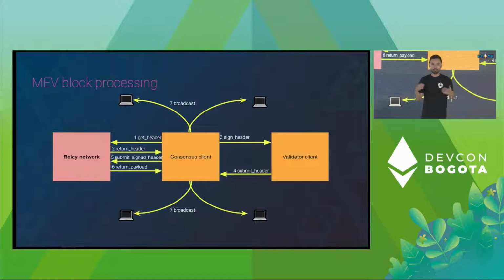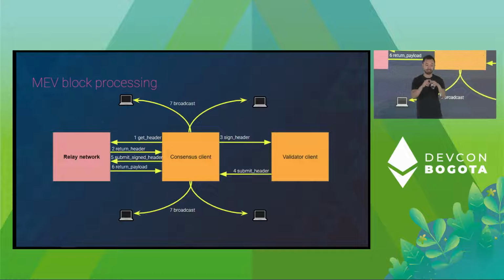But with MEV block processing, it's a commit and reveal approach. Why is it commit and reveal? Because as a relay, as a builder, you don't want the validator client to steal your transactions if they're in clear text. So you make them sign first, then return the signature, and then you give the full transaction.